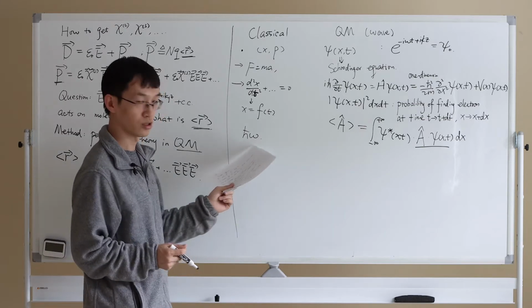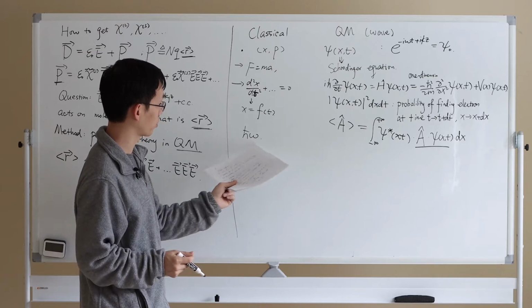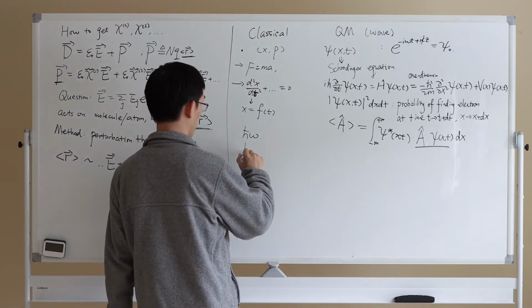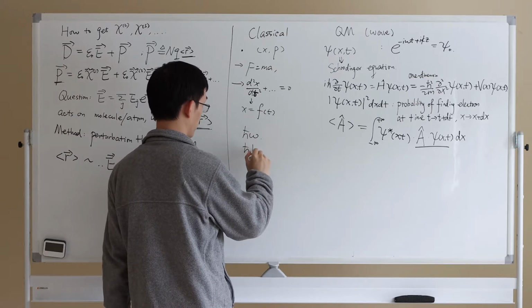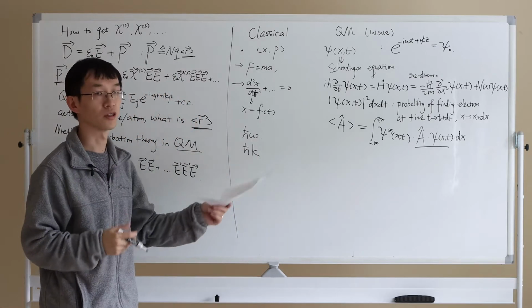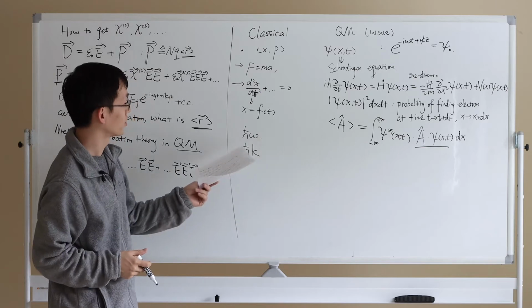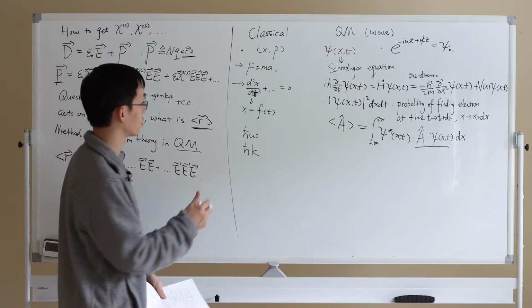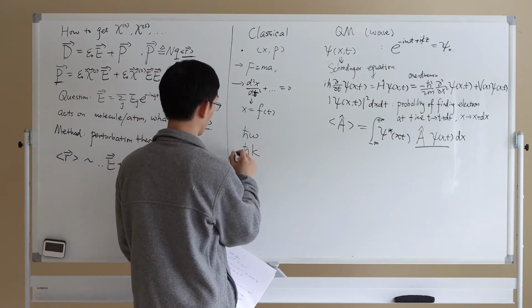So this is the idea: h bar omega is the energy of a photon. And then from there we know that the momentum, if you divide by c, of a photon will be h bar k. So this is energy, this is momentum.